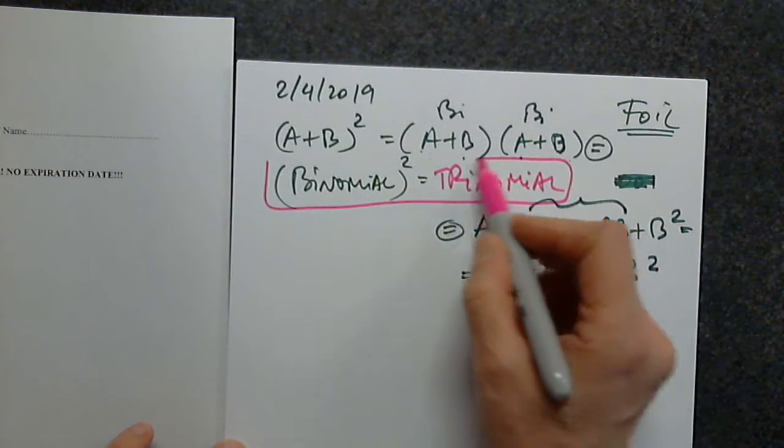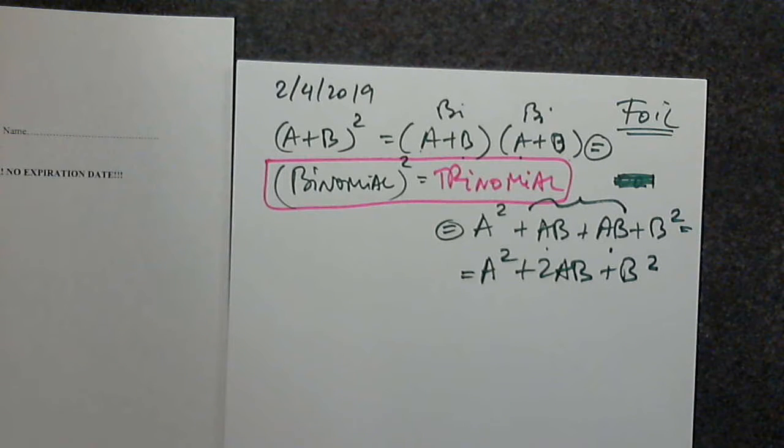This is something to write super important in your notebook. So whenever I ask you what a binomial squared is equal to, you will never say a squared plus b squared, but you will say a trinomial, and you will say a squared plus 2ab plus b squared.